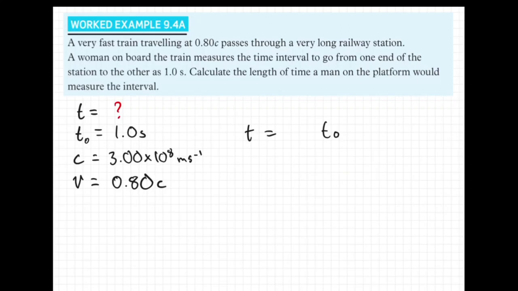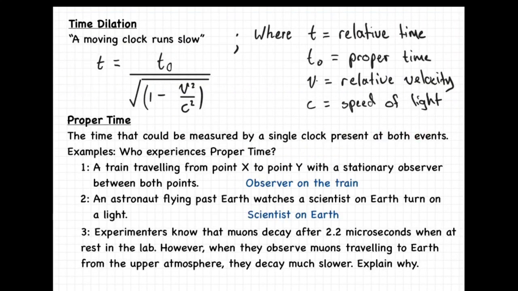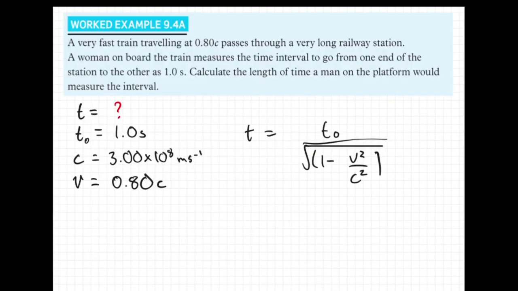Don't be scared to fill a book while you start out on this, all right? t0 over, in brackets, the square root of, in brackets, 1 minus v squared over c squared. People who have slightly weaker math when it comes to fractions and stuff like that, this can get really messy and confusing. Please stop me at any point to clarify what I'm doing on this board if it's unclear.